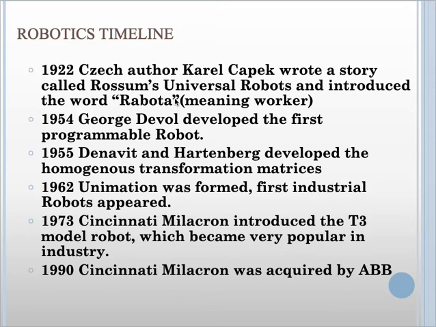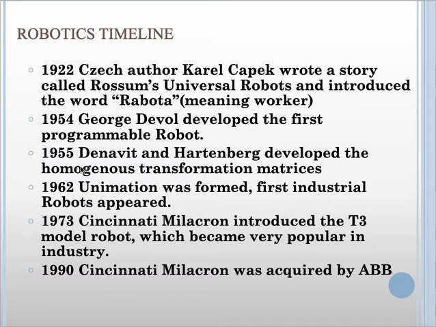This is the introduction of robotics. If you see the timeline, in 1922, Czech author Karel Čapek wrote a story called Rossum's Universal Robots and introduced the word robota, meaning worker. In 1952, George Devol developed the first programmable robot, and the name he used for that is programmed article transfer.